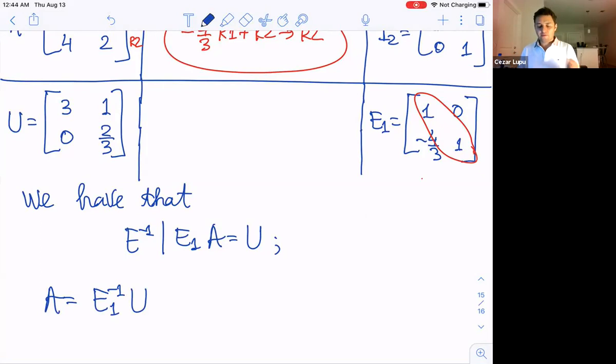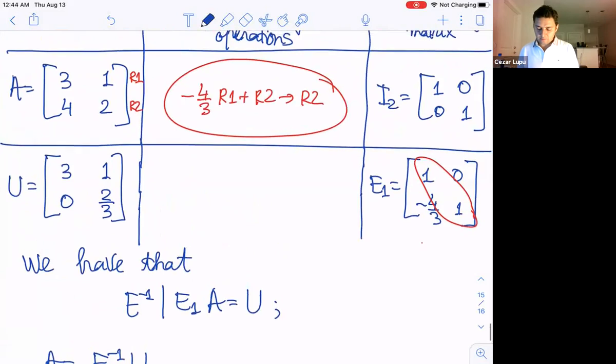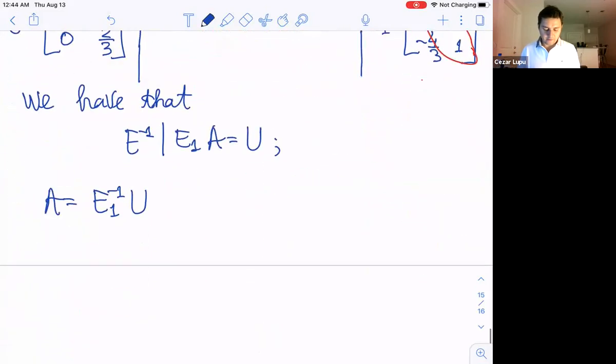We're just going to apply the reverse row operation to E1.